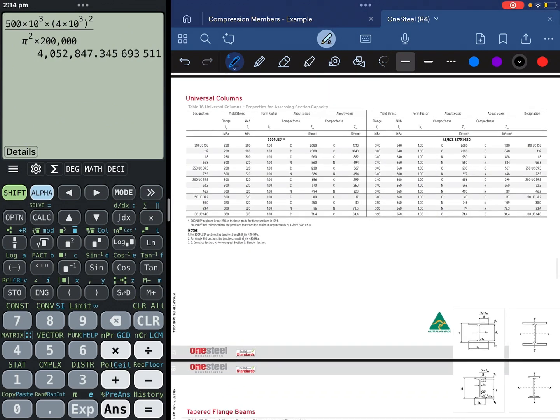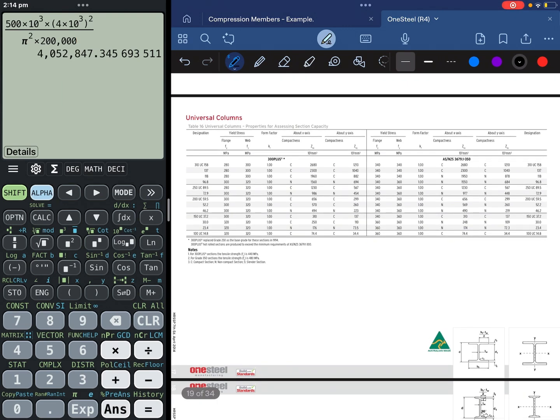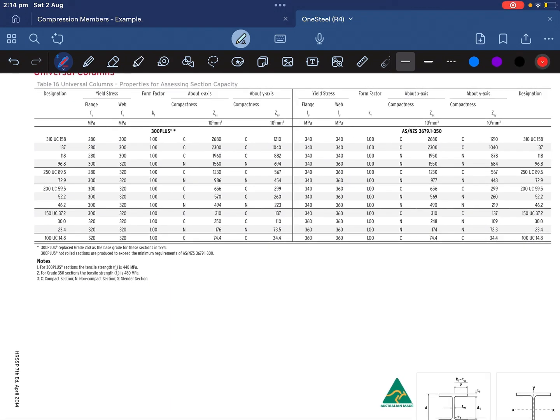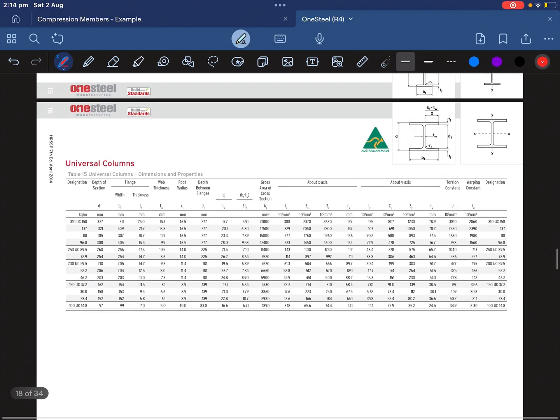Okay. Now here we have... I'm going to close this calculator for now. No, this one doesn't cover. All right, it's up here.